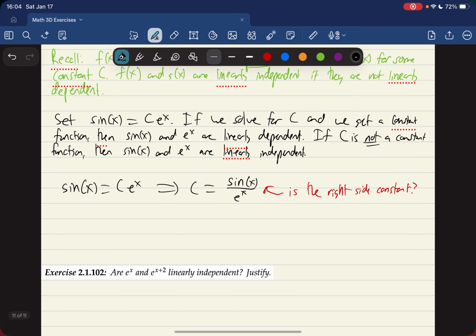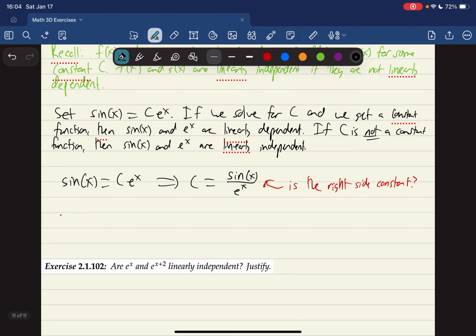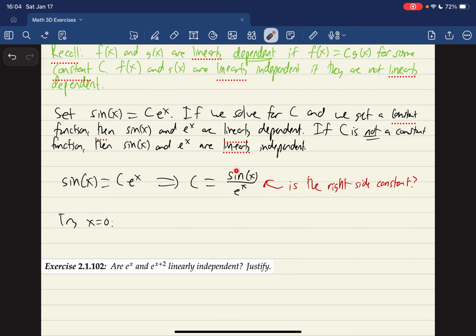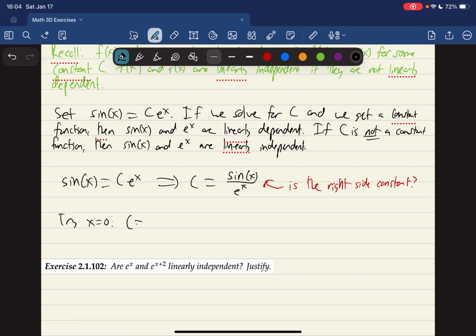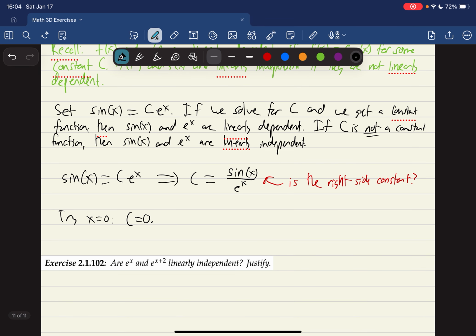Well, we could try plugging in different values for x. If we try x equals 0, well, sine of 0 is 0, so this whole thing is going to be 0. So we get c is equal to 0.